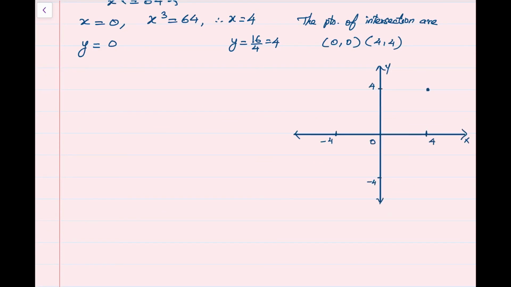The first parabola, y square equal to 4x, is the right side parabola passing through 0, 0 and 4, 4. This is y square equal to 4x. The second parabola, x square equal to 4y, is an upward parabola passing through 0, 0 and 4, 4.